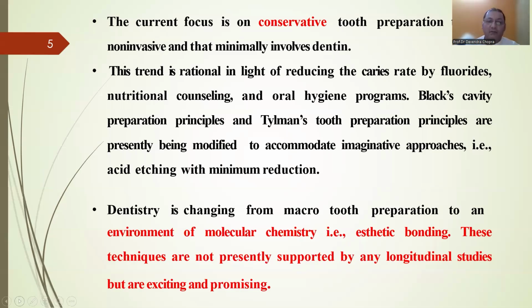You might be aware that today, if you are having a root stump and there is no extensive periapical pathology, you can do the root canal, restore it with a post and core restoration, and put a crown. Right now, in an era of all ceramic restoration, we are shifting the whole thing from PFM and metal restoration to all ceramic restoration.